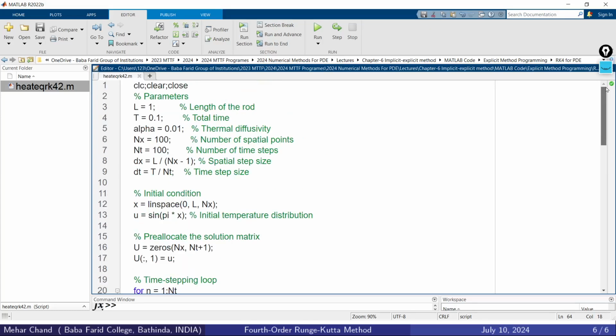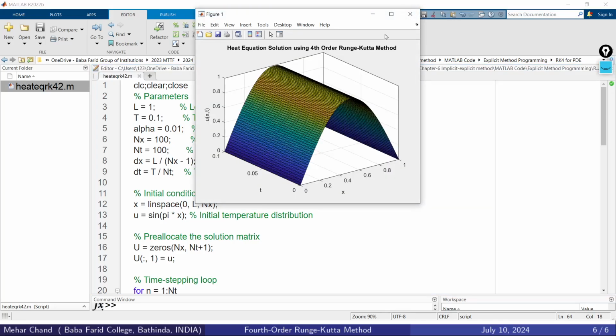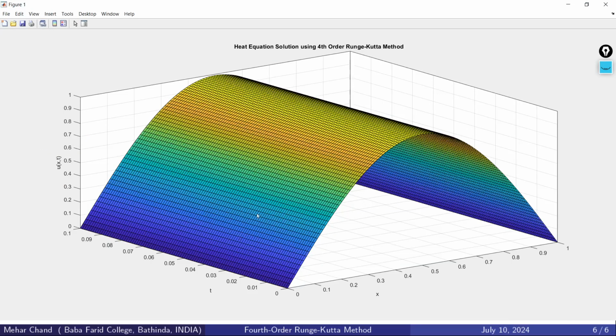When you execute this sequence of statements for this method, we will have the solution. You can see here after running the code, this is the graphical output of our result using the fourth order Runge-Kutta method for a partial differential equation.